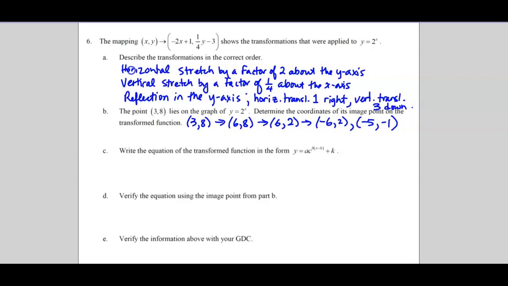So if you have this, remember you can just substitute those values in there. I went through each step, but if you put 3 and 8 into your mapping notation, you will get your image point. But you do not want to come up with your transformed function and then put the x value of 3. That will give you a point on it, but it won't be the image of 3.